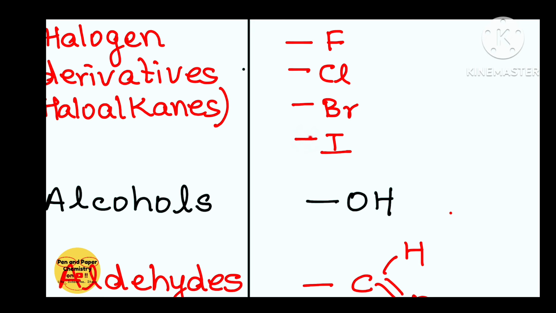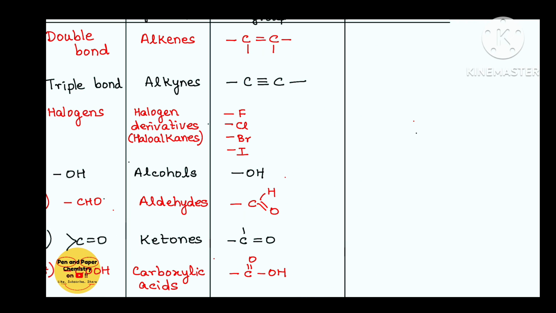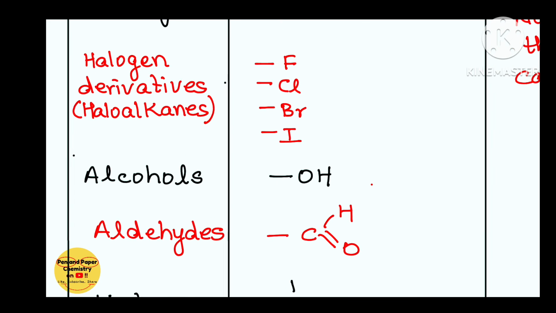Yes, these are the free valencies. Free valencies means how many bonds can that atom or group form. That is the number of bonds that an atom can form. So if I am saying a single line, that means it can only form a single bond, single bond, single bond, single bond for the halogens.